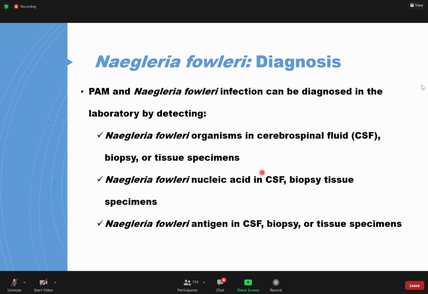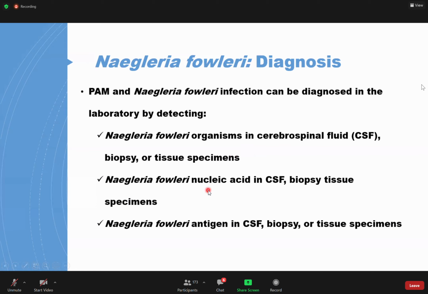So how can you make a diagnosis? If you collect a sample of cerebrospinal fluid in a patient with active symptoms suggestive, that is the history and the clinical presentation, and you have this organism in mind, if you collect the CSF, we can actually find the motile organism in the CSF.